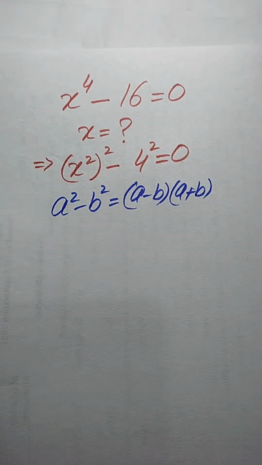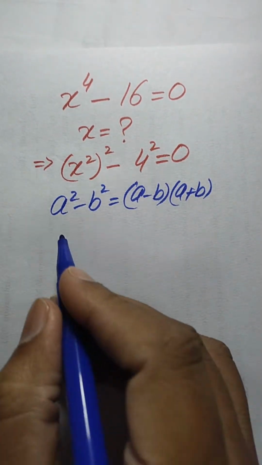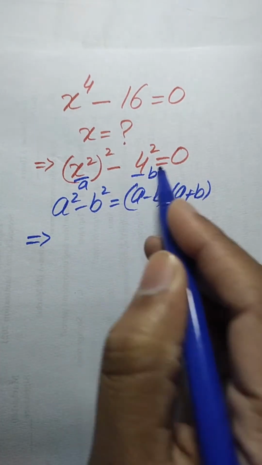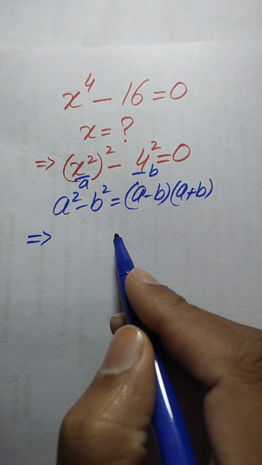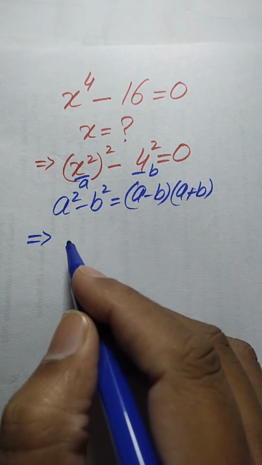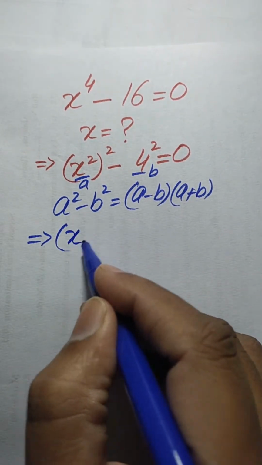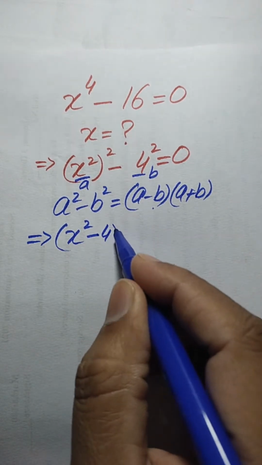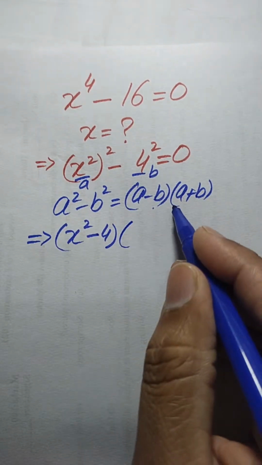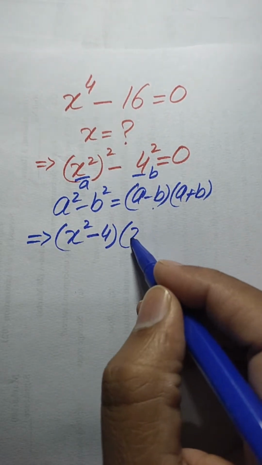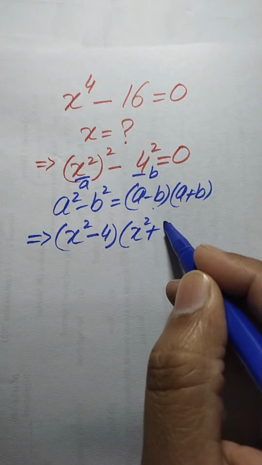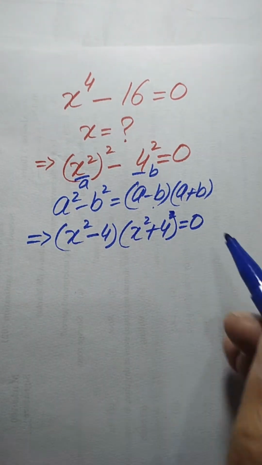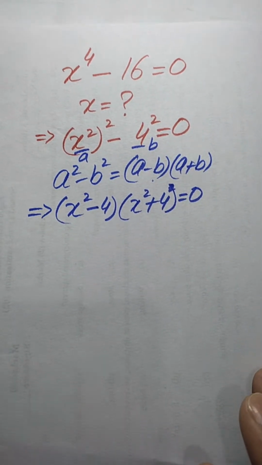So this is our a and this is our b. According to this formula we write our above equation as a minus b, where a is x square and b is 4, into a plus b, where a is x square and b is 4, and this whole equation equals 0.